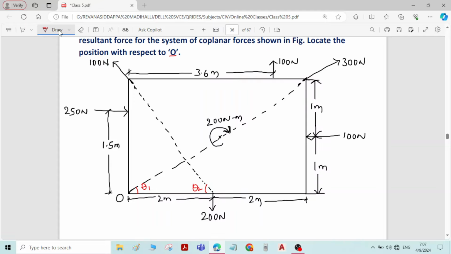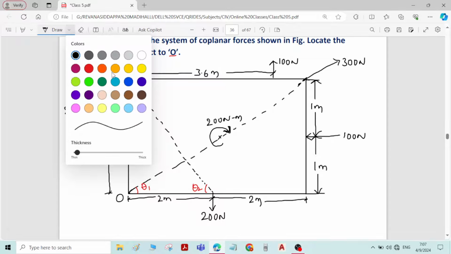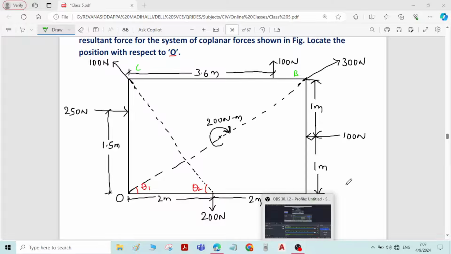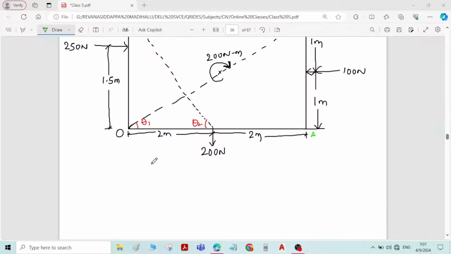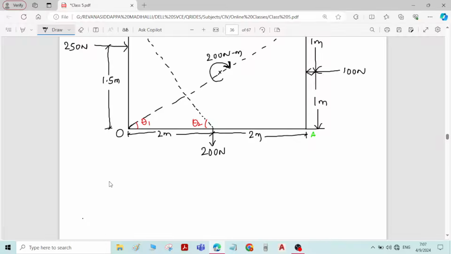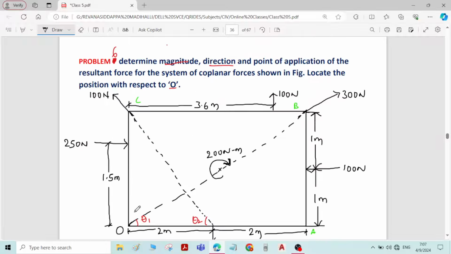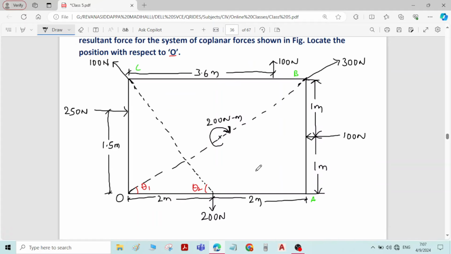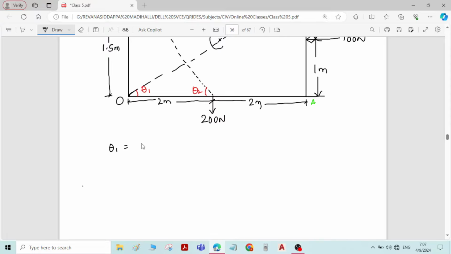I will call these points point A, point B and point C. Now to find angle theta 1, take right angle triangle BAO, apply tan function, theta 1 is equal to tan inverse of opposite by adjacent.